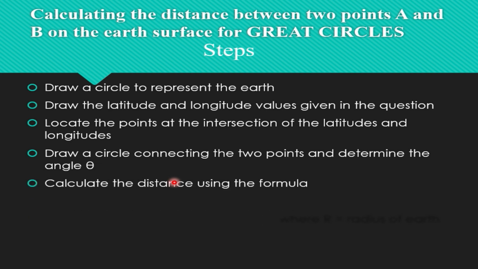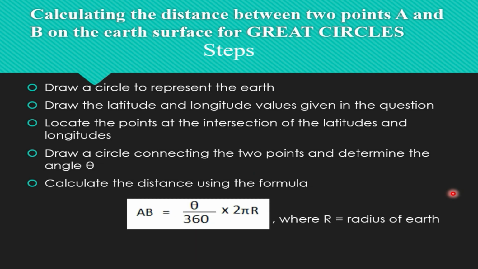Then calculate the distance using the formula AB = theta over 360 times 2 pi r, where r, like I said earlier, is the radius of the Earth, which is 6,400 kilometers, and theta is the angle formed by the 2 points that you have drawn.